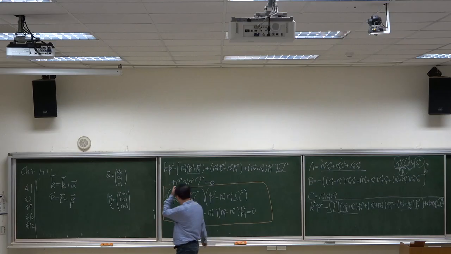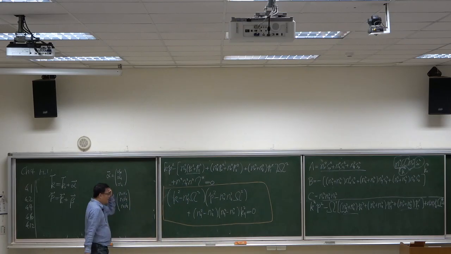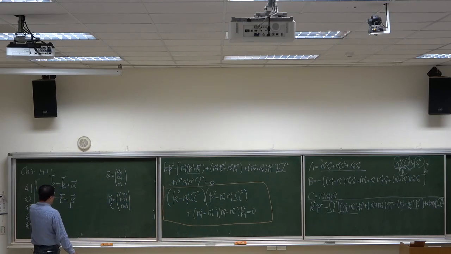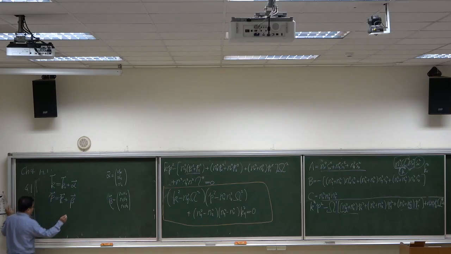So what is the square of K naught? K naught squared is nothing but ny squared times omega squared. Okay.